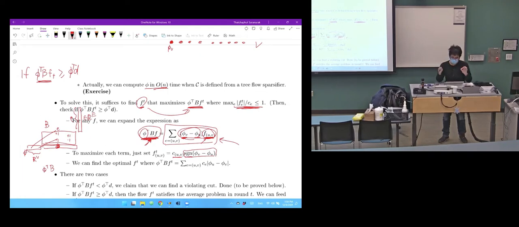Once I've maximized each term in the sum, that's the solution.